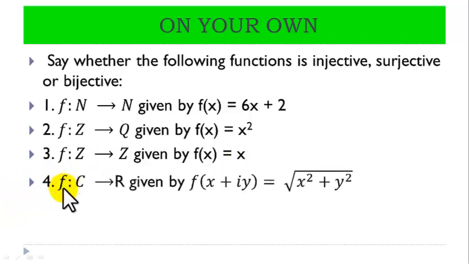The function f from C to R given by f of x plus iy is equal to the square root of x squared plus y squared, where C is the set of complex numbers and R is the set of real numbers.